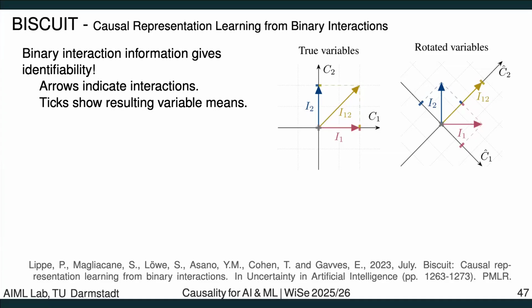And what we can do is find transformations, here depicted with rotations, that disentangle the latent variables or the interventions in a way that they are no longer mixed, so that every intervention I make corresponds to a single variable in my latent vector.